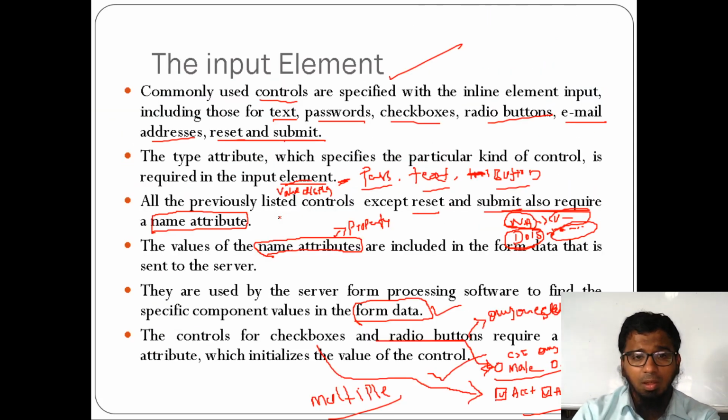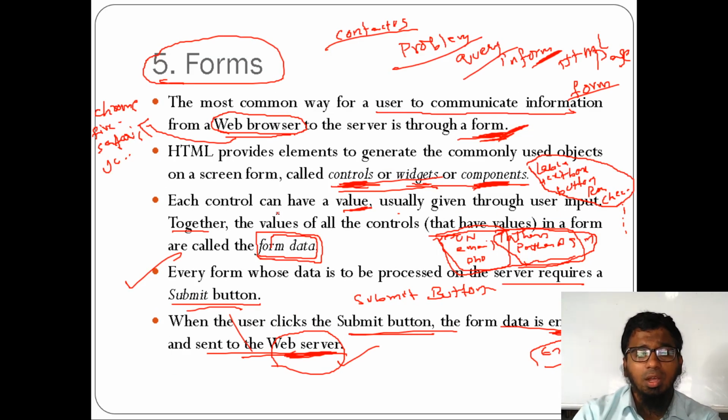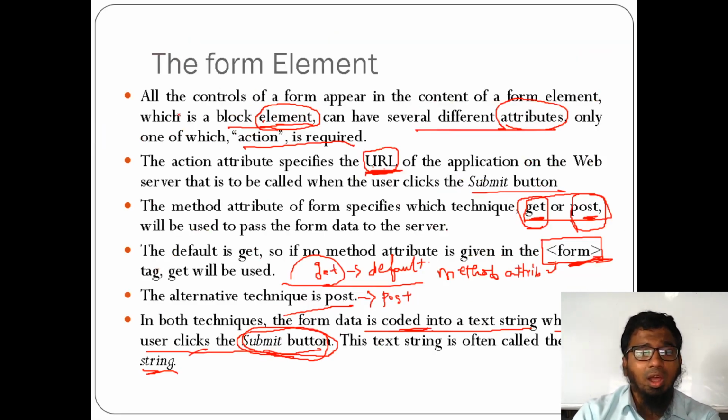So what we have learned today: we saw why forms are required, like web browser, form data, and what is control, widgets, component. We saw what is a web server, the element and attribute, as well as the URL, and the most important thing in the form, get and post, which is important and which one is secure or less secure.